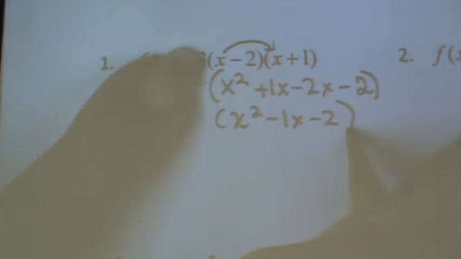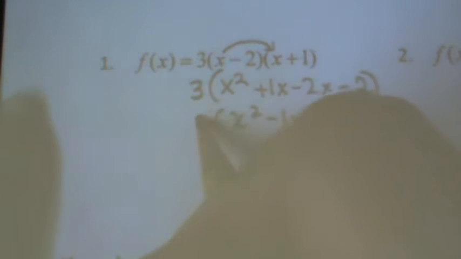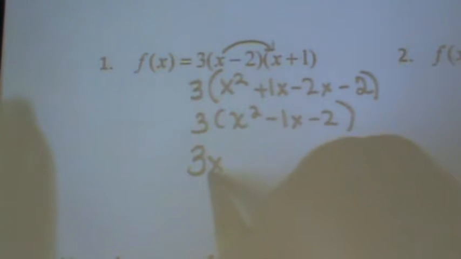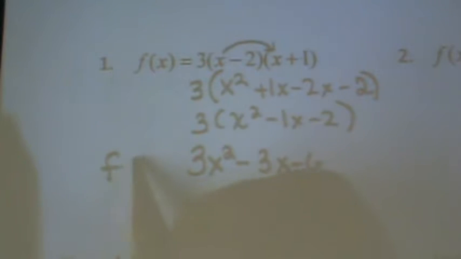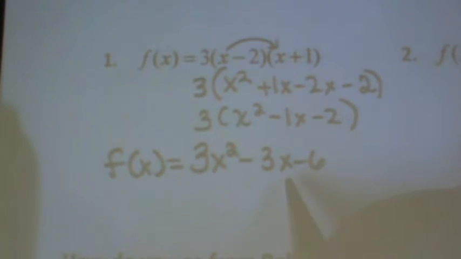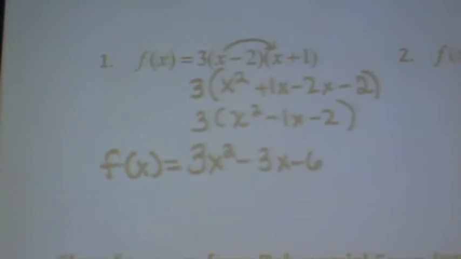Add like terms, and then distribute the 3. So you get 3x squared minus 3x minus 6. Don't forget your f of x. So now this is polynomial form, so we know now the y-intercept is -6.